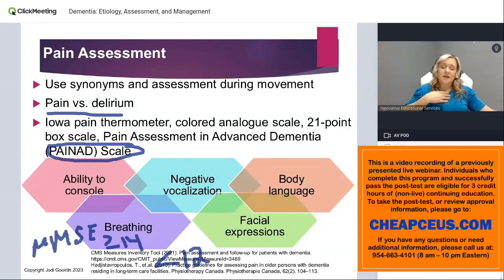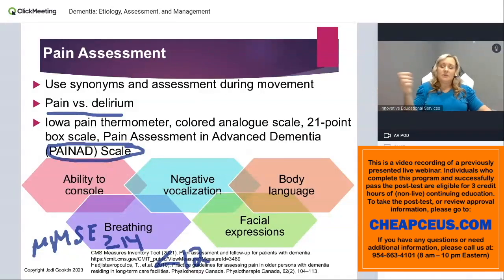Are they moaning, crying, those signs of more intense pain? Looking at the individual's facial expression, do they look frightened or scared, or that might be a low level pain versus someone who's actually wrenching with their face is in a higher level pain.